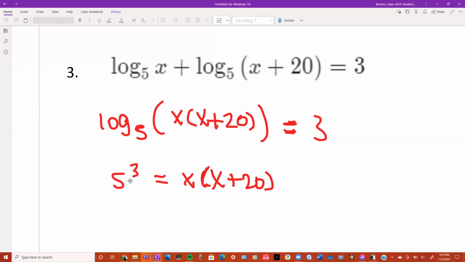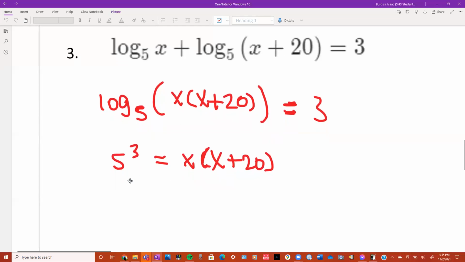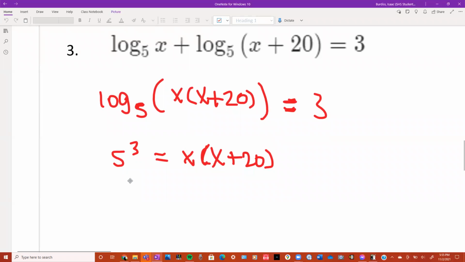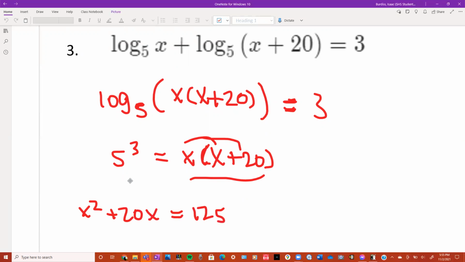And that it does. So now let's do, I'll just switch the sides. I like my x's to be on the left. So we distribute the x and we get x squared plus 20x equals 125.